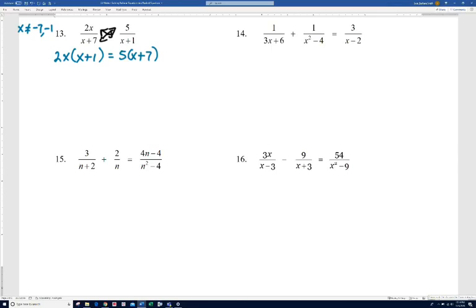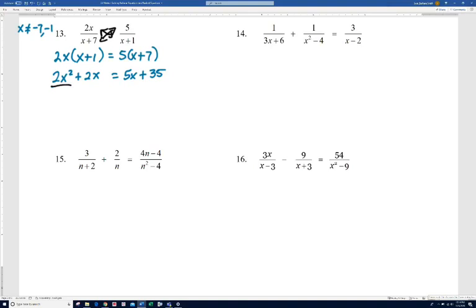Again, we'll distribute. 2x times x is 2x squared, plus 2x times a positive 1, we get a plus 2x. On the other side, we get 5x plus 35. And you can see what we have here is a quadratic equation, so I want to get 0 on one side.